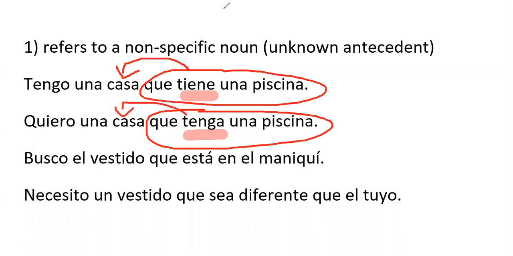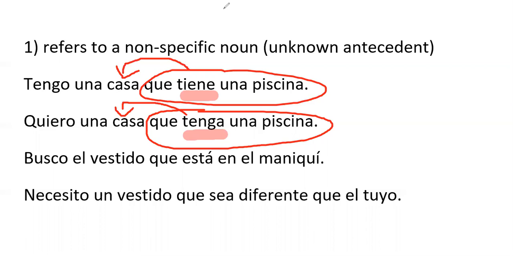What house am I talking about? What casa am I talking about here? It is not specific. I'm not talking about a specific house. Therefore, when I describe it, we use the subjunctive. So quiero una casa que tenga una piscina. That is the way you have to say it. I want a house that has a pool.